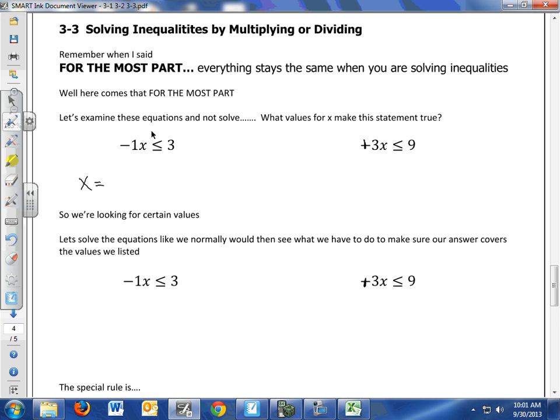Ms. Cordova, give me one. 2. 2 times -1 is -2. -2 is less than or equal to 3. Give me another one. Mr. Cardenas. 1. 1 times -1 is -1. -1 is less than or equal to 3. Give me another one, Miss Aaron. 0 times -1 is 0.